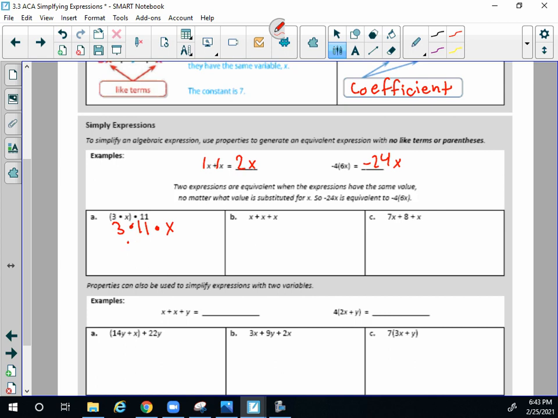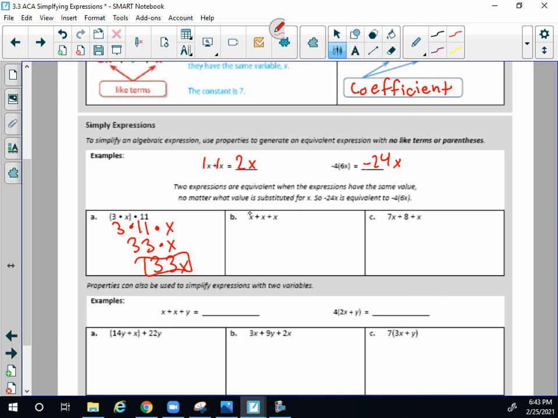And then I get 33 times x. Remember, another way to write multiplication is to put the number and the variable right next to each other. So our simplest way to write this would be 33x.